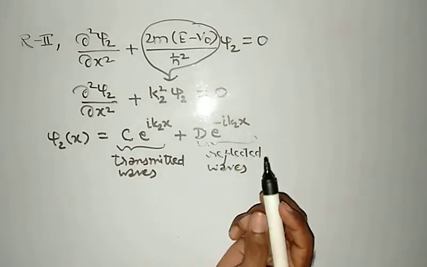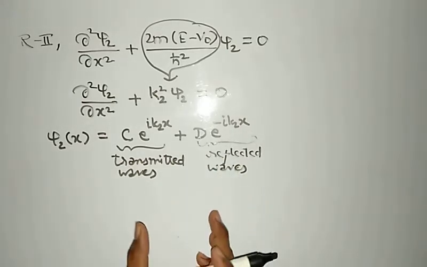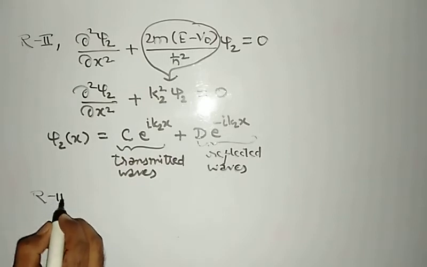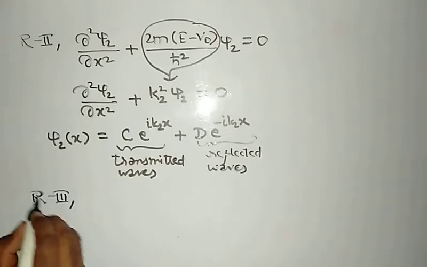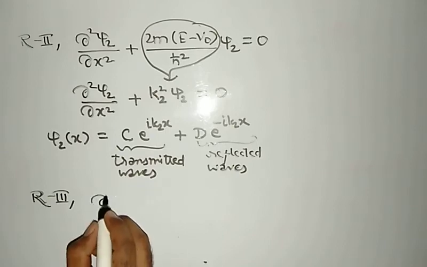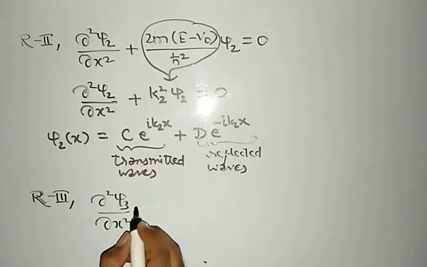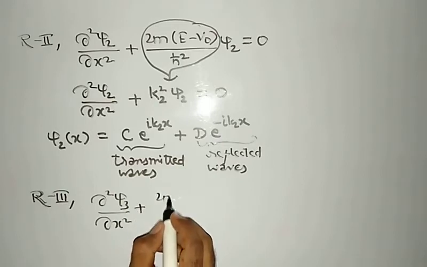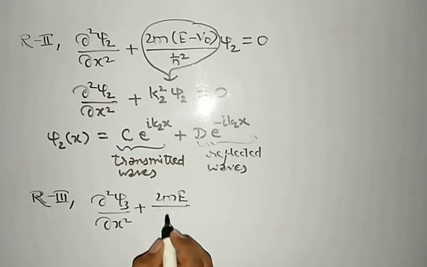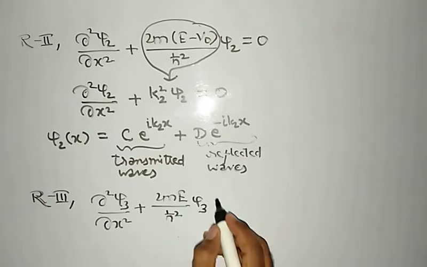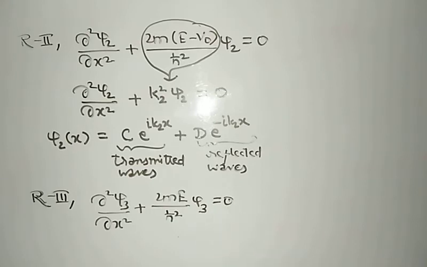Now we will consider region third, writing in the same manner. Again the Schrodinger wave equation for region third: 2mE, obviously in region third V is equal to 0, psi 3 is equal to 0.